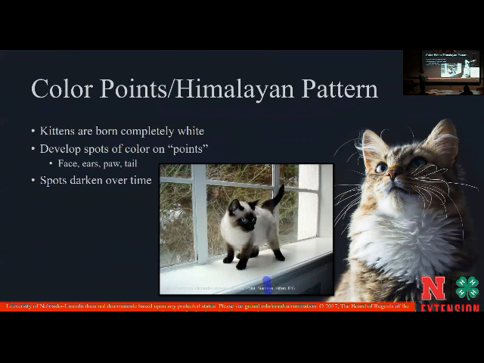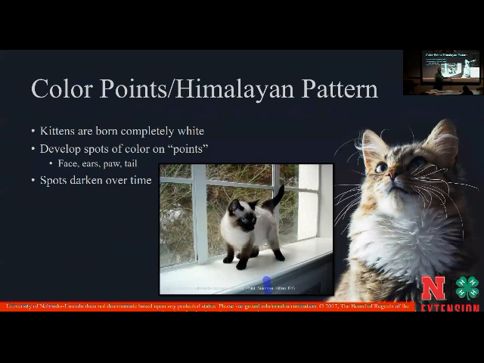And then I talked earlier about color points on your cats, or Himalayans are a combination here. In these cases, and this happens with Siamese cats too, and Himalayans, the color points start out, the kittens are born white or very light colored, and as they age, the color points get darker. So in this cat, you can see it's on the ears and face, his feet and his tail.